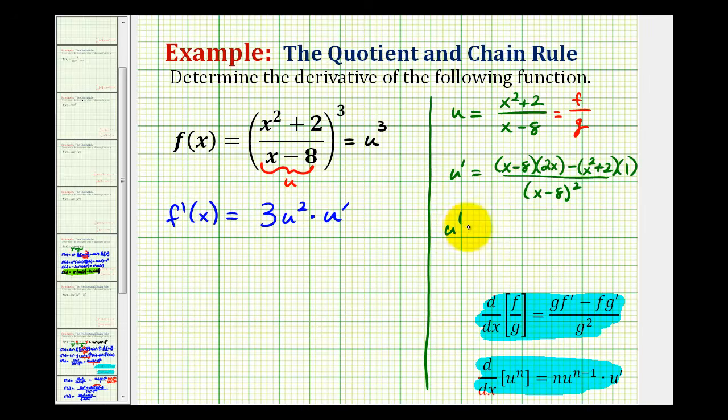We have u prime is going to be equal to, denominator stays the same, and the numerator is going to be 2x squared minus 16x minus x squared minus 2. And notice how we have two like terms here. So for u prime, our numerator is going to be x squared minus 16x minus 2.